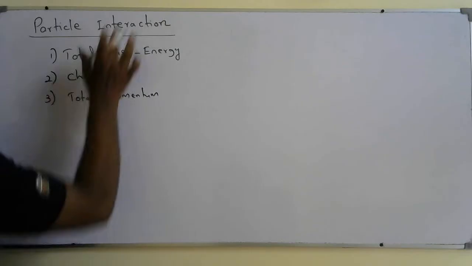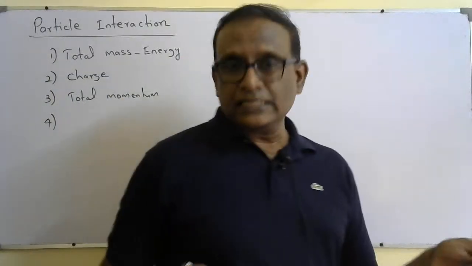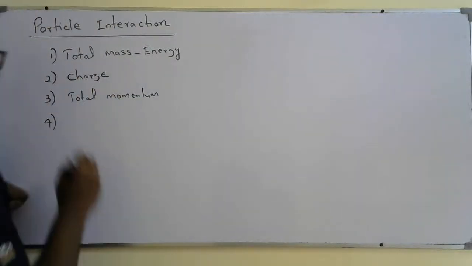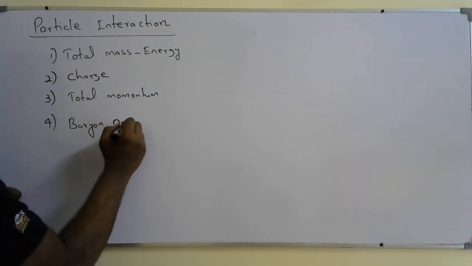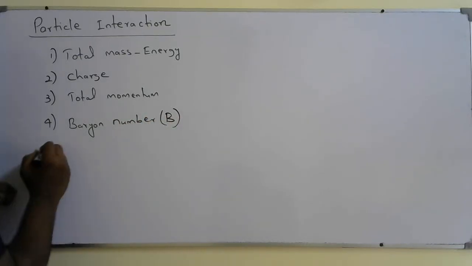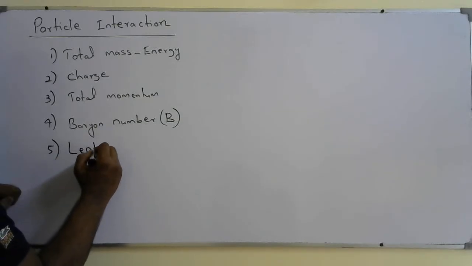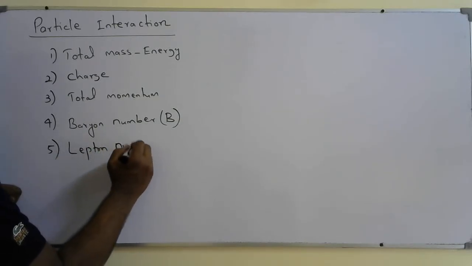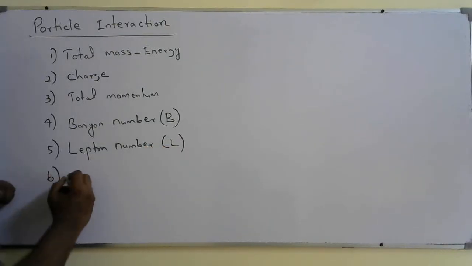All these you know. The fourth one is a new thing, I'll explain that later. That is Baryon number, normally denoted by capital B. The fifth one is also new to you, that is Lepton number, denoted by capital L. Sixth one, strangeness.